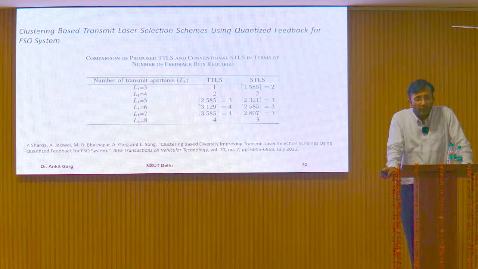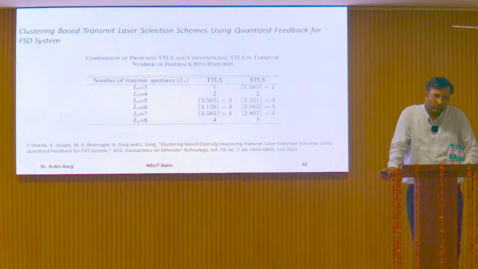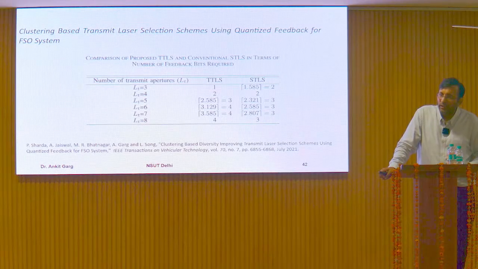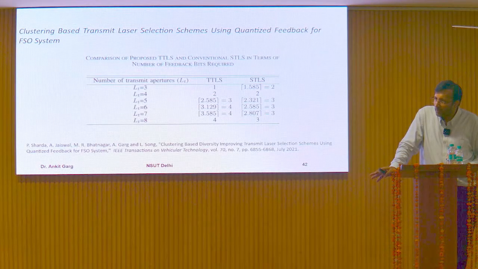So which one do you think would perform better, TTLS or STLS, if we have a wrong selection? If we select a wrong precoder and allocate power to the wrong antenna, which would perform better, TTLS or STLS?